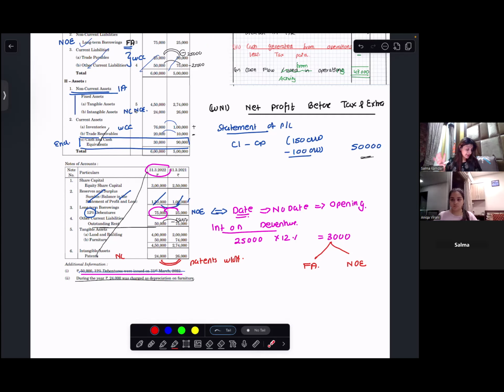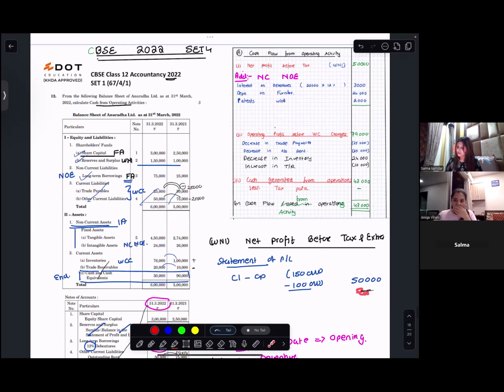You should go and hunt for it even if it's not given directly, you search for it. And this working note number 1, you already know the fixed format. As and when the things come, you put in it, and only at the end you will pick this information and start your closing with it. So with this we complete 2022 set 4, question 12.